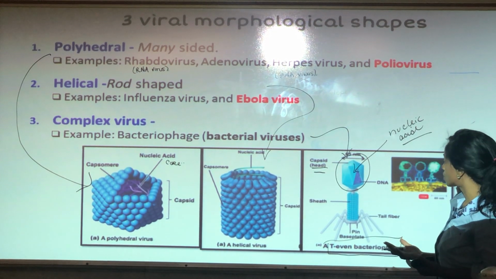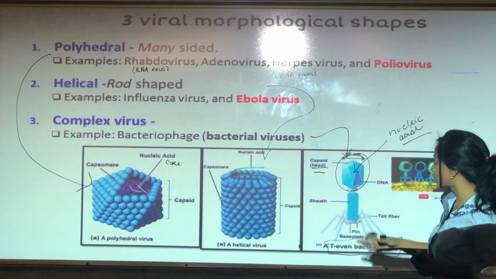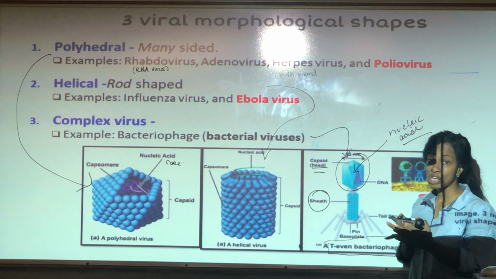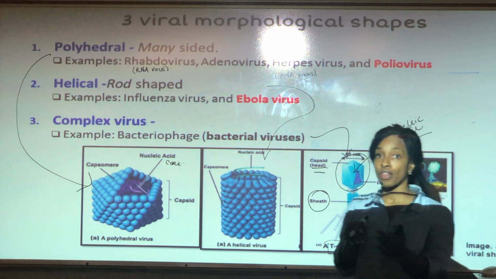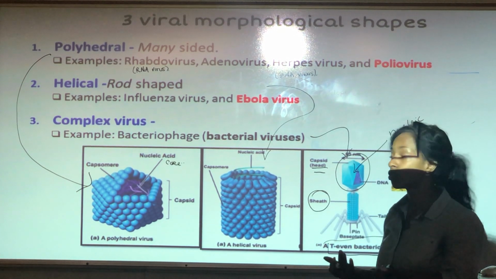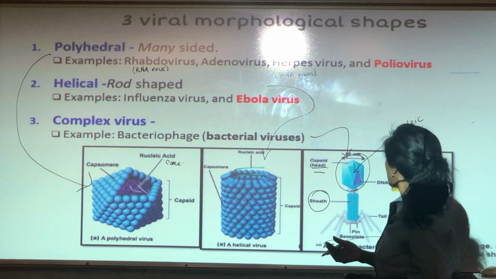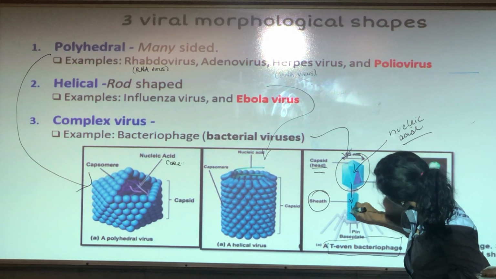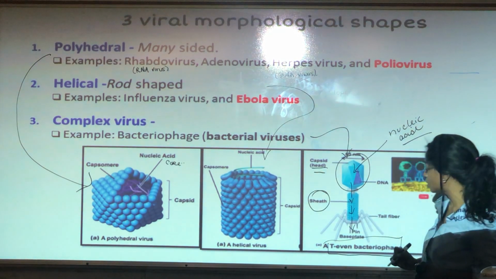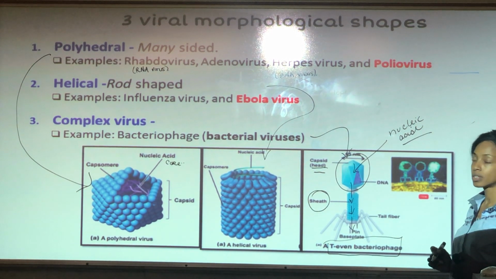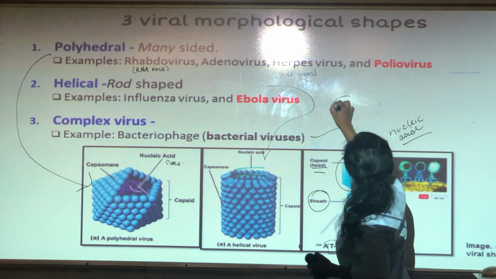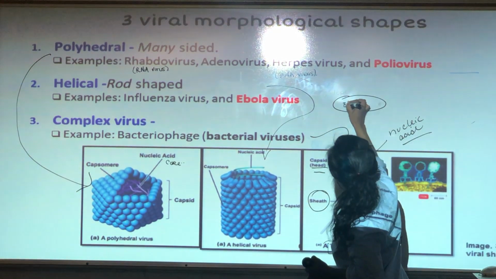So what else is in this virus, all right? What are the other parts? There is the sheath, and the sheath contracts to inject the genetic material into the bacterial cell, right? So the genetic material is here. The genetic material will have to go down and down and down, and it will go out through this area to where this virus will be attached to a bacterial cell. So let's say we have our bacteria, let's say this is E. coli.